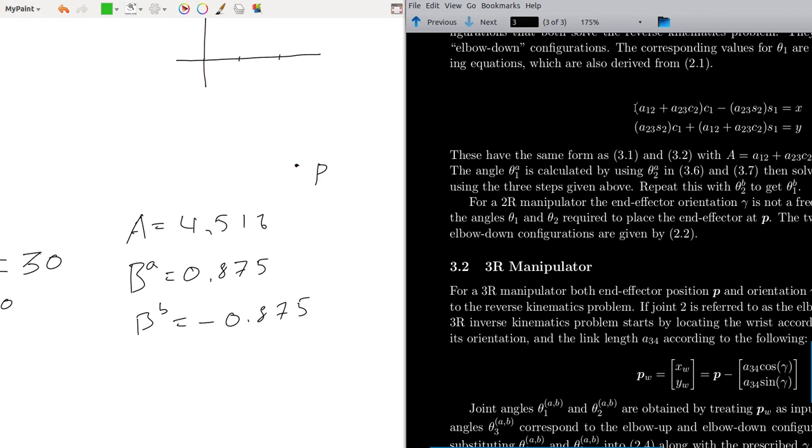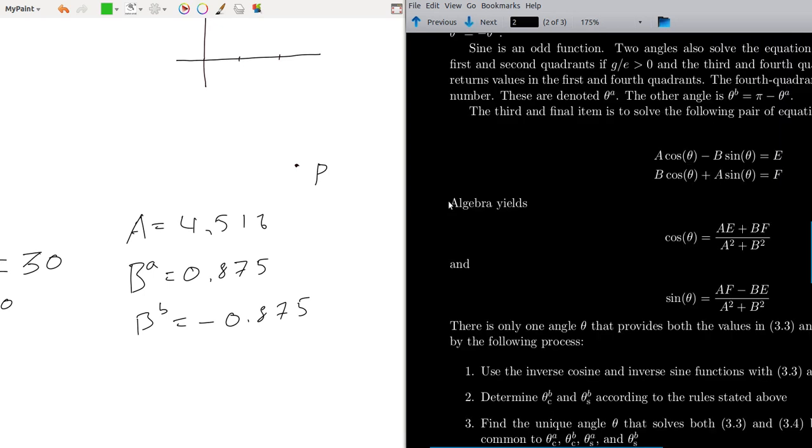So this value here doesn't change depending on which theta 2 we use. But this one, sine of theta 2a, is the negative of sine of theta 2b. So this coefficient changes, and that's capital B.